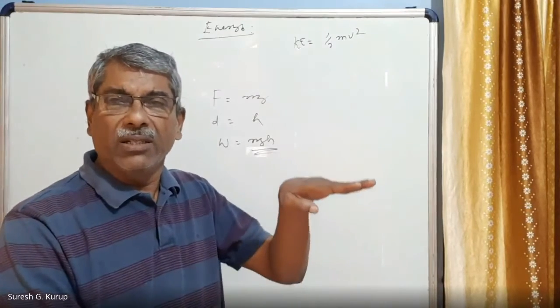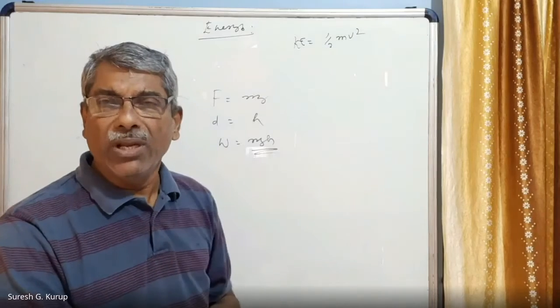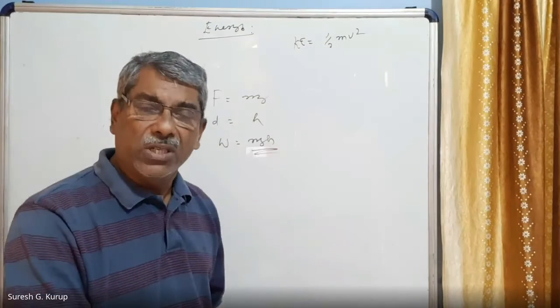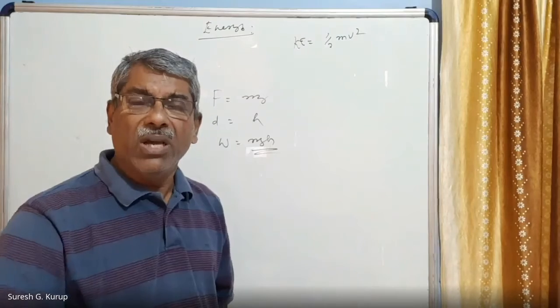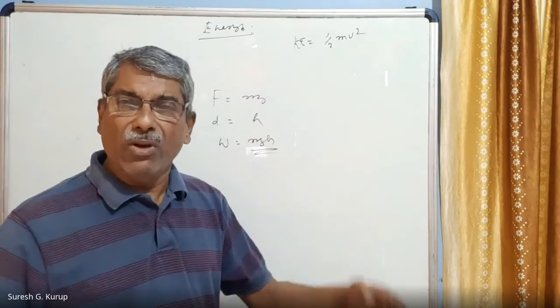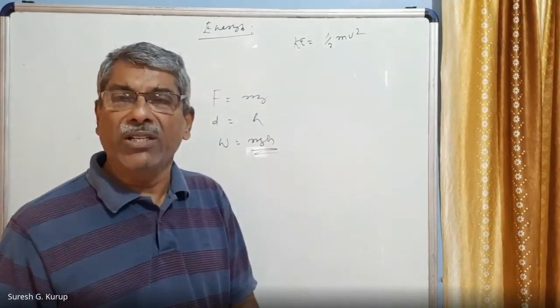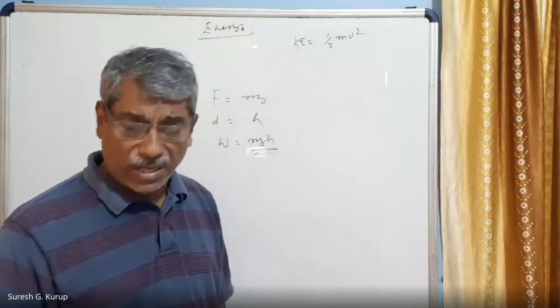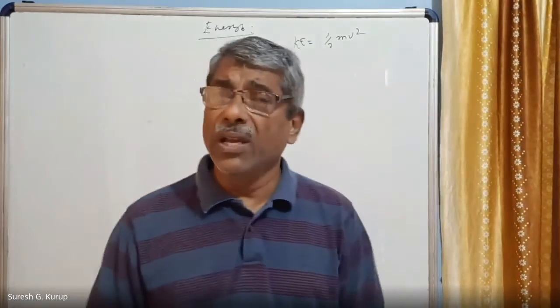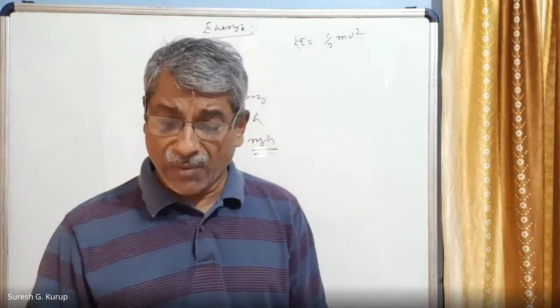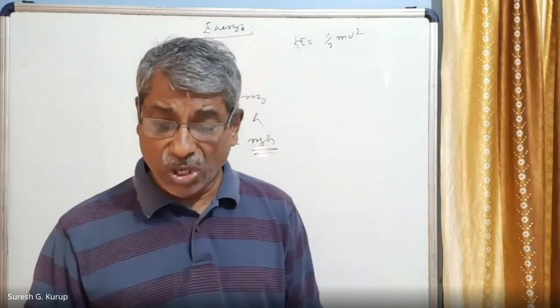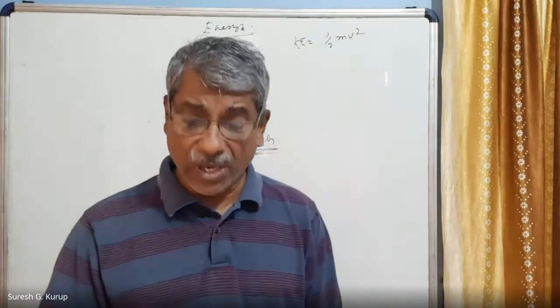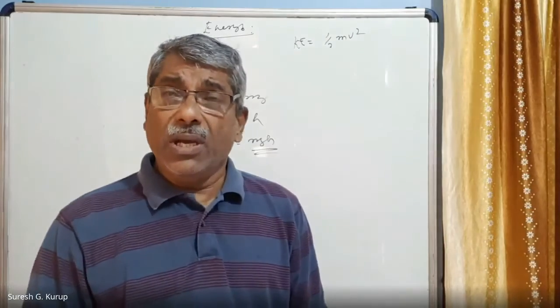From that height, water is kept stored in the dam. When water falls down, the water of this much mass, when it falls, its potential energy is converted into kinetic energy. That also can be converted into electric energy with the help of what are called electric generators, right? So these are about the potential energy.